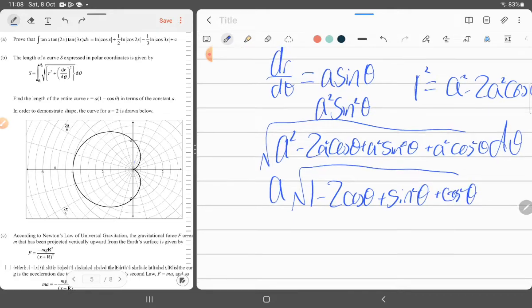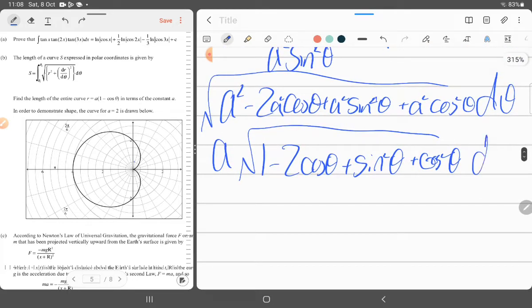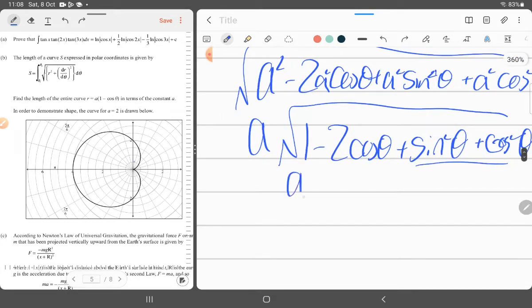Can I use one of the half angle formulas? Sure, this can be considered as 1.